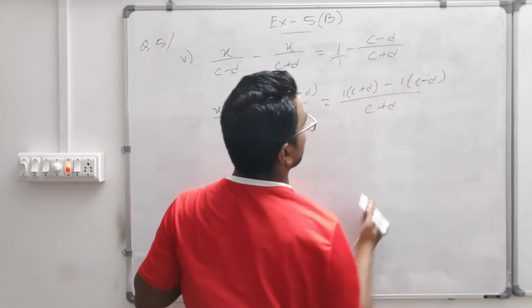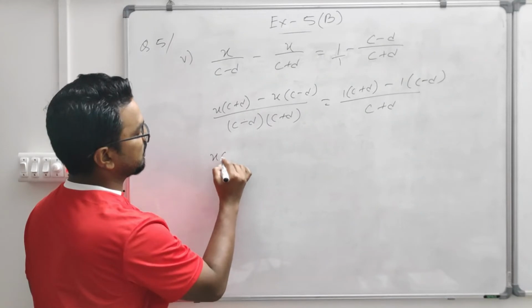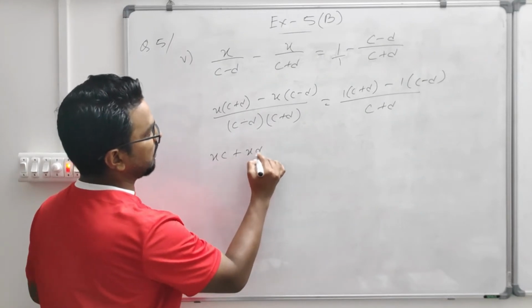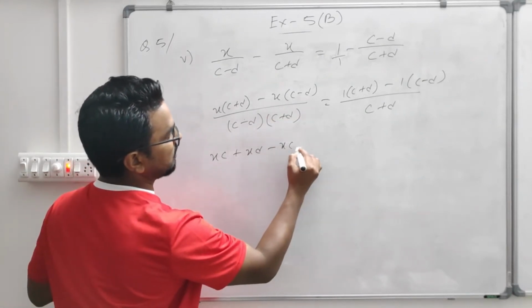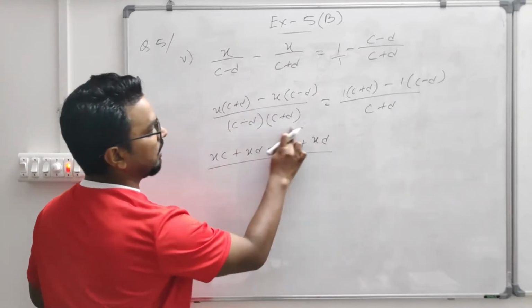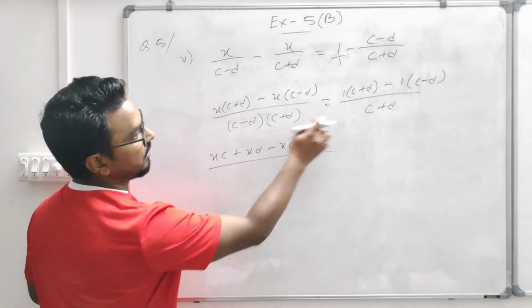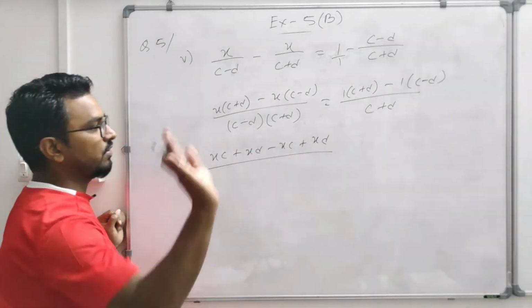Now multiply this. This will become xc plus xd minus xc minus minus plus xd, divided by c minus d, c plus d. We can cancel these two, but better we keep it like this.